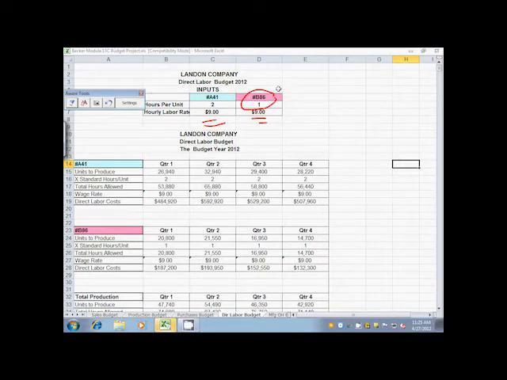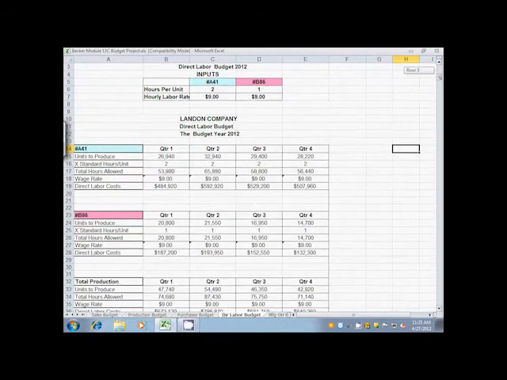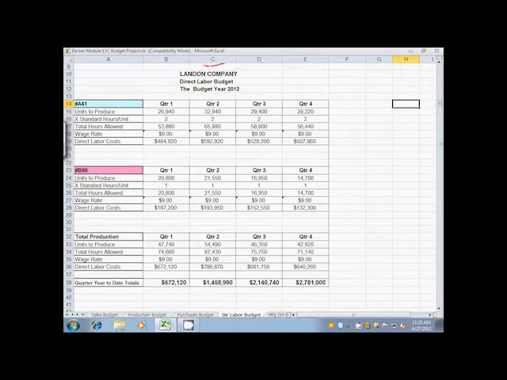And we would expect that could change throughout the budgeting process. So we're ready to make those changes, but in the body, again, these are all formulas. We look at labor required for each of the products, and then we simply add them together. And once again, this budget's showing year-to-date totals.